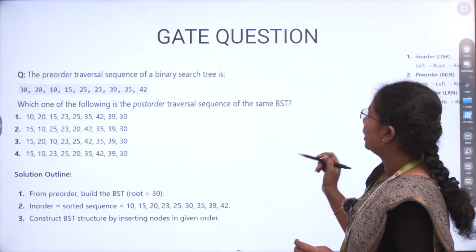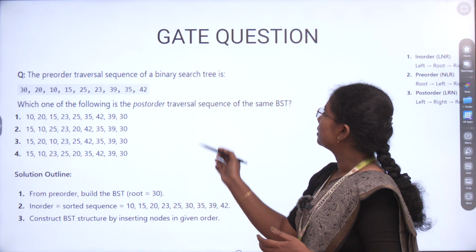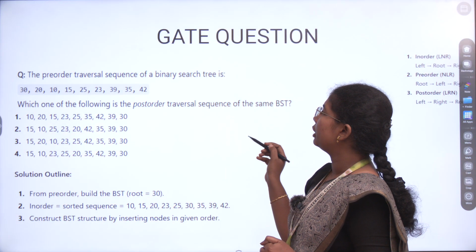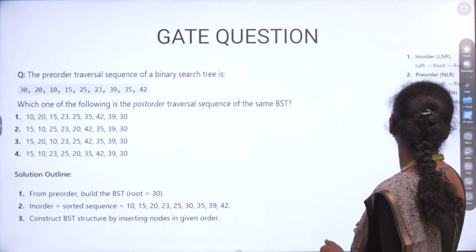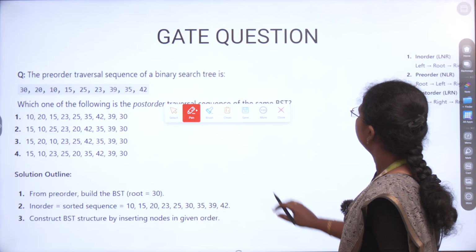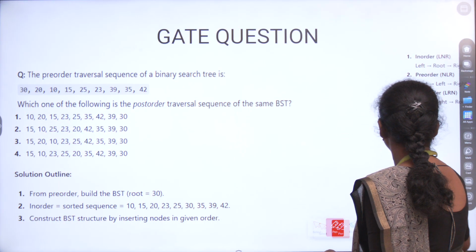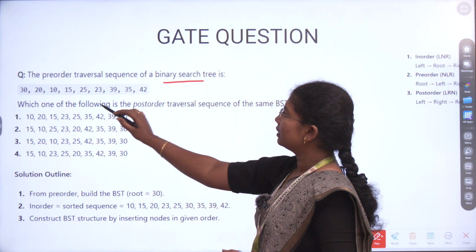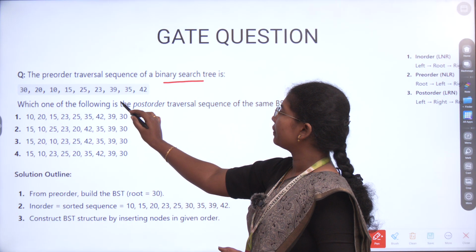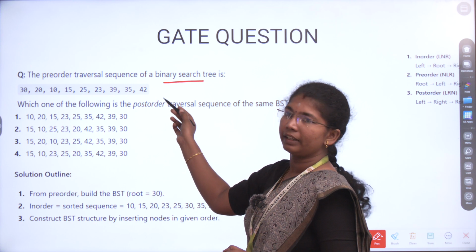I have taken one GATE question. The question is: the pre-order traversal sequence of a binary search tree is 30, 20, 10, 15, 25, 23, 39, 35 and 42.